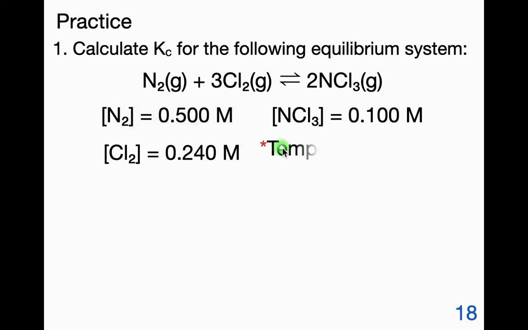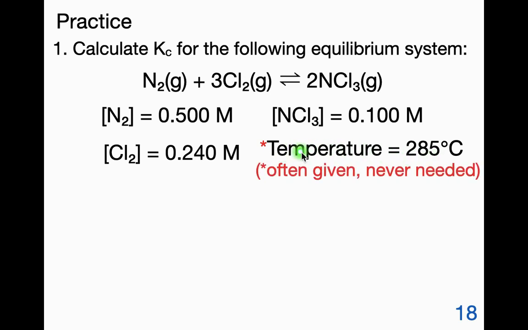Now, I'm going to throw in here the temperature as 285, but again, it's often given, never needed. When we are asked to calculate the equilibrium constant, it will change depending upon the temperature. So temperature is often included just to set the stage that it's at this temperature.